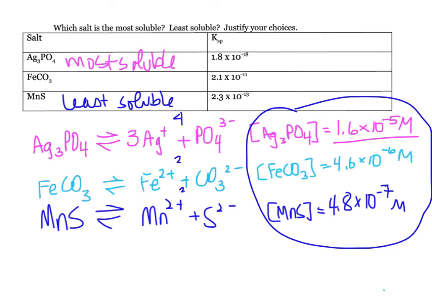These guys both had 2 ions apiece. So for those, you could actually tell right away that the MnS would be least soluble and that the iron(II) carbonate would be a little bit more soluble because it has a larger K value. But all bets are off when you're comparing things that have different numbers of ions, like the silver phosphate.